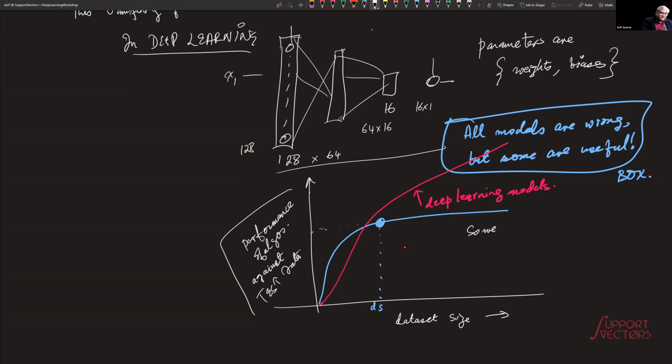That is a very good point, Hannah, that you brought up. So we observe in practice that with growing data, deep learning models tend to outperform.